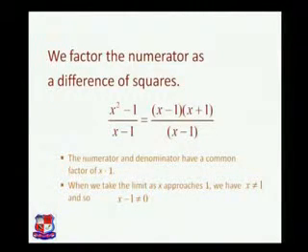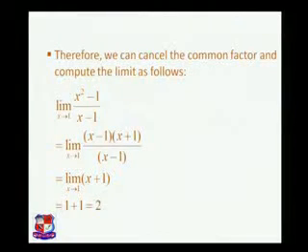So we will factorize the numerator and we will get x square minus 1 is equal to x minus 1 into x plus 1 and the denominator is equal to x minus 1. So x minus 1 will be cancelled because x minus 1 is not equal to 0, because x is not equal to 1. So we can cancel x minus 1 and we will get x minus 1 into x plus 1 upon x minus 1.